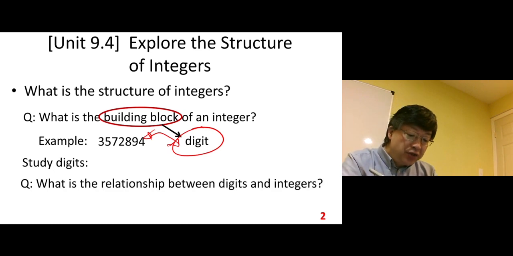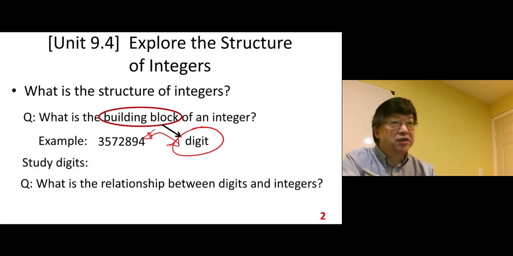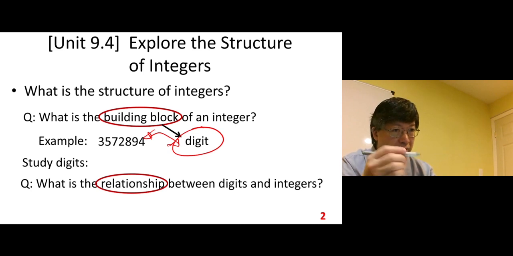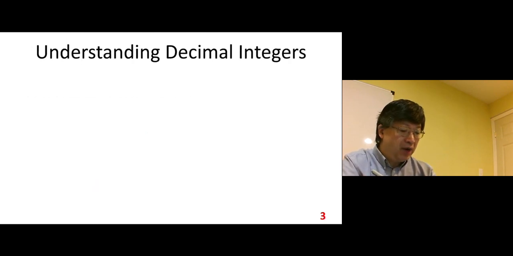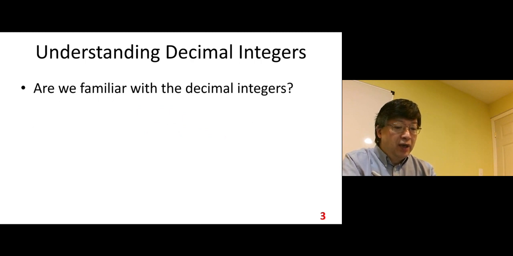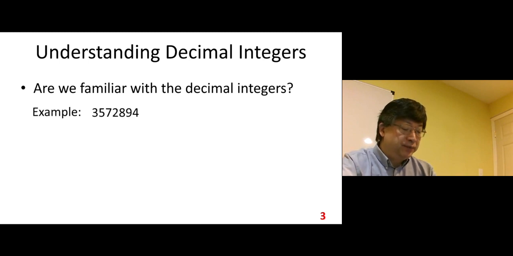So what is the relationship between digits and integers? This question is very simple. I think everyone here knows how to write that relationship. So let us review a little bit here.